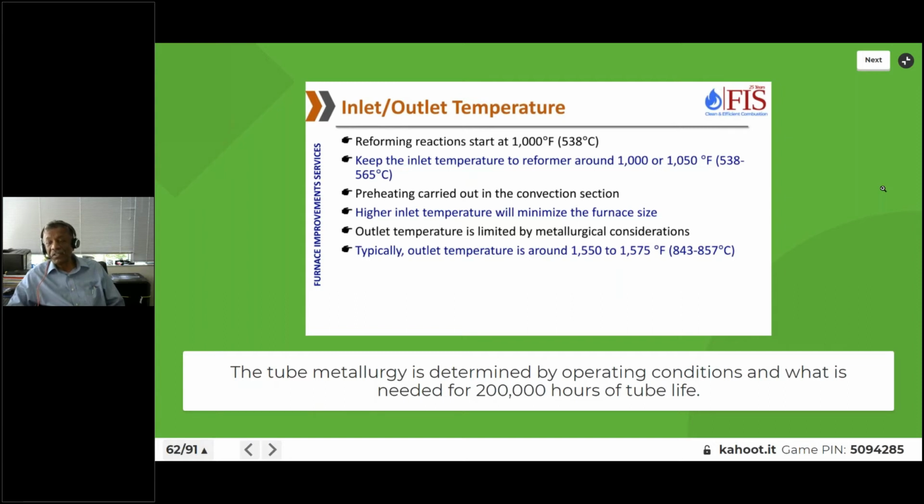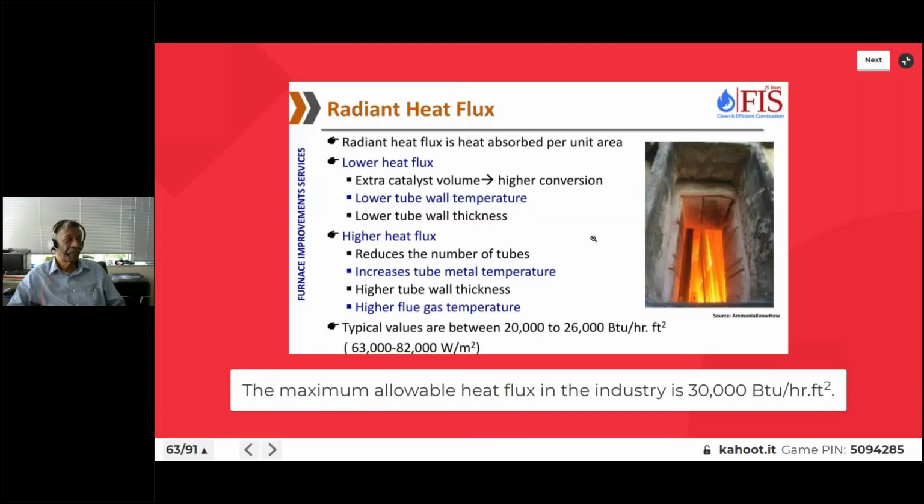So basically, if we can withstand higher temperature, we can go for higher outlet temperature. So it's basically thanks to the metallurgical engineers and developing metallurgical alloys. So one of the important parameters is radiant heat flux.